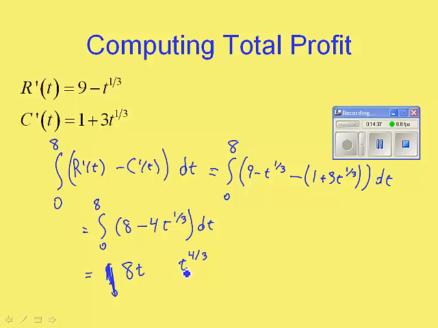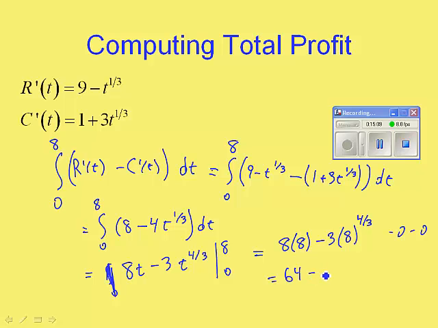Because it's 3/4, and I had a 4 there, so I'll just put minus 3. And we're going from 0 to 8. So this is 8 times 8 minus 3 times 8 to the 4/3 power. And when you put in the zeros, you don't get anything. Those all zero out.